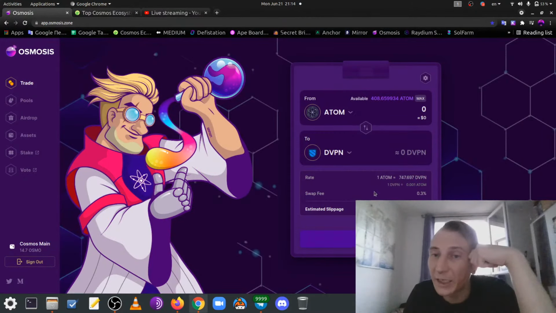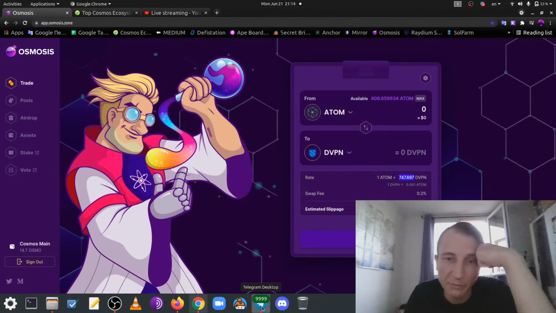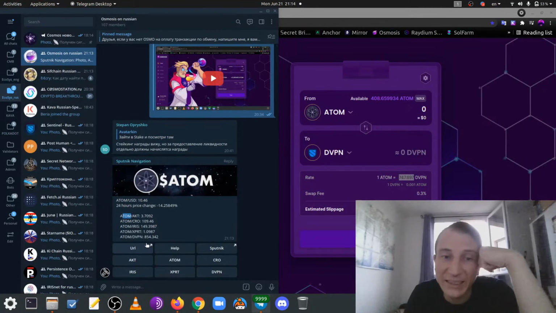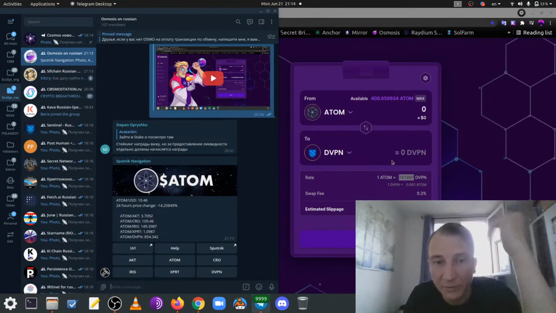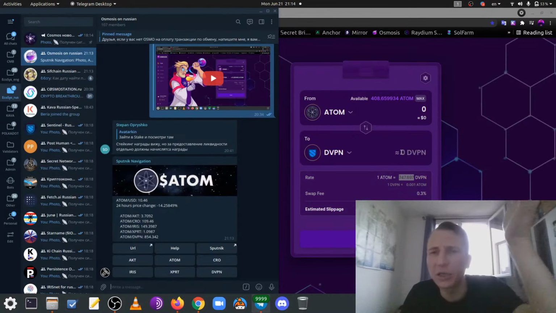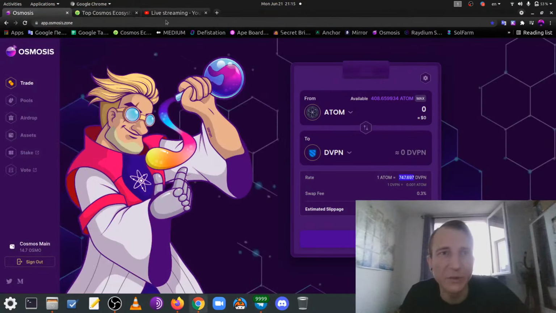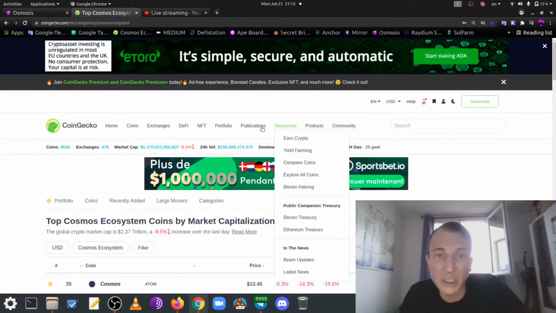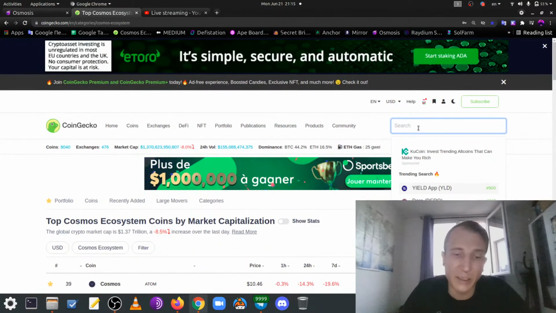Here for one atom I will get 747 DVPN, and the market price is 854, so the difference is more than 100 DVPN. How to understand how much 100 DVPN is? We just go to CoinGecko and write here DVPN.